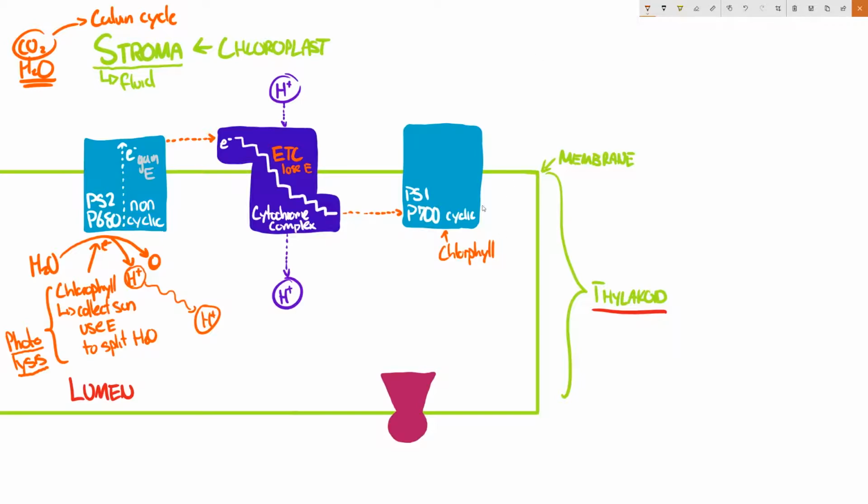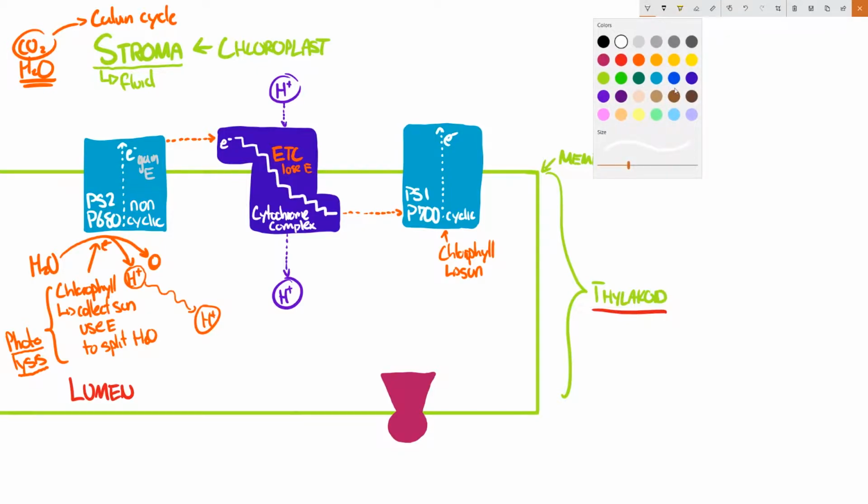It's going to collect sun. It's going to excite the electrons, and those electrons are going to go, quote unquote, up to the top of photosystem 1, where they will be picked up.